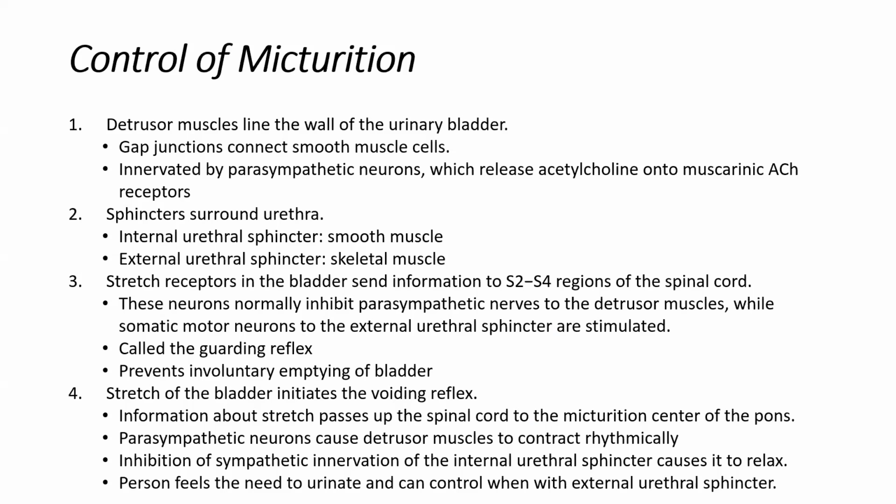There's also sphincters that are around the urethra. So the urethra is the tract that is exiting the bladder and leading to the external orifice, exiting the body. And it's surrounded by 2 sphincters. One is the internal urethral sphincter, which is closer to the neck of the bladder. This is formed of smooth muscle, and so this is under control of the autonomic nervous system.